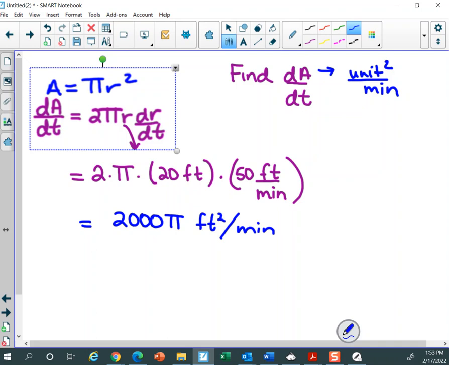They're all different in that they're different relationships between the variables. They're all the same in that once you get that relationship set up, you're going to attack every problem the same way or a similar way. You have the relationship, you take the derivative with respect to time, you plug in the things that you know, and you should be left with one unknown.